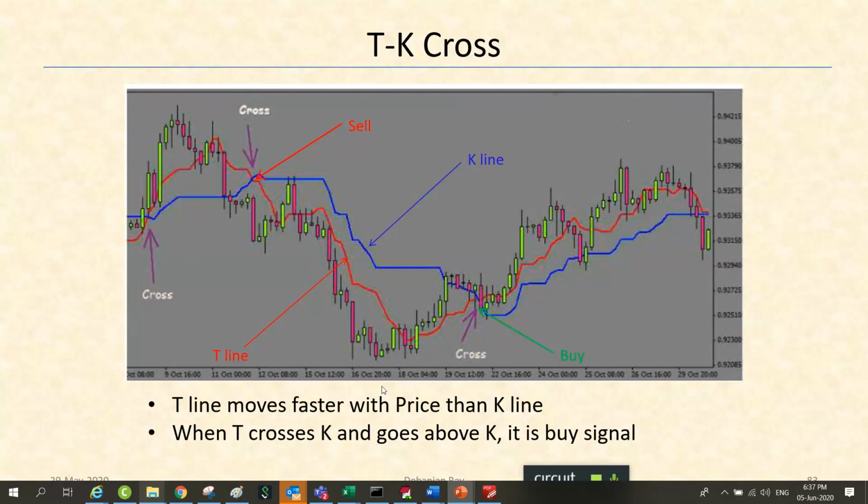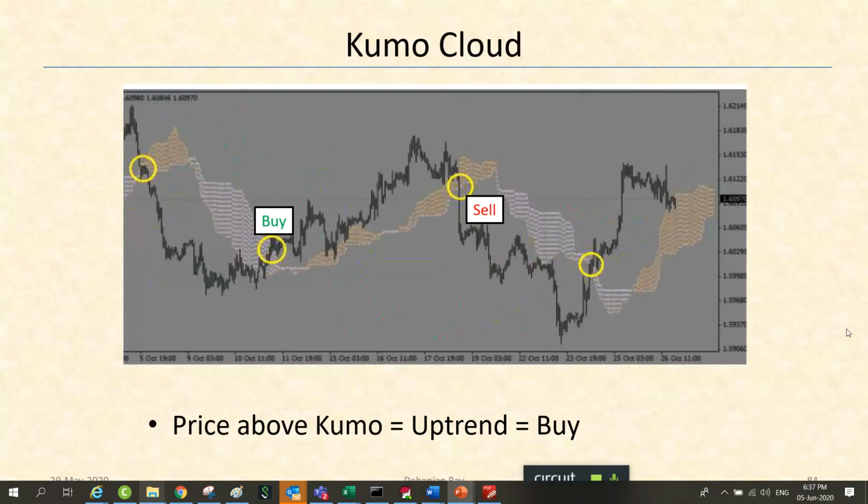Whenever the T line goes above the K line, it is time to buy. Then we knew about the Kumo cloud, and if the price is above the Kumo cloud, then it is the time to buy. Even if it crosses and then somewhere it is above, you can buy, keep on buying.